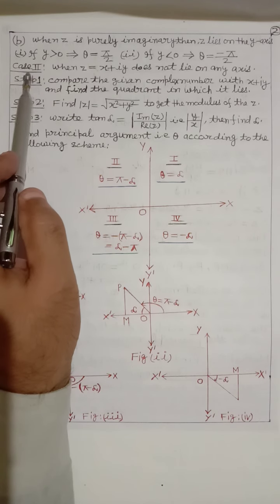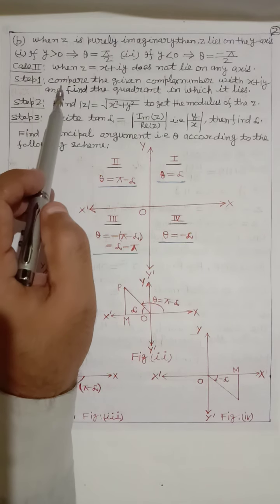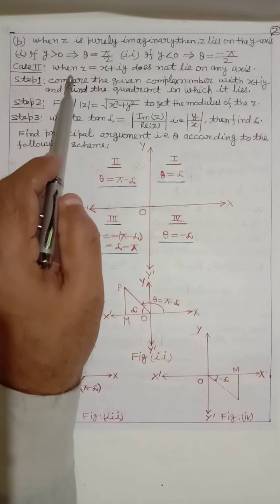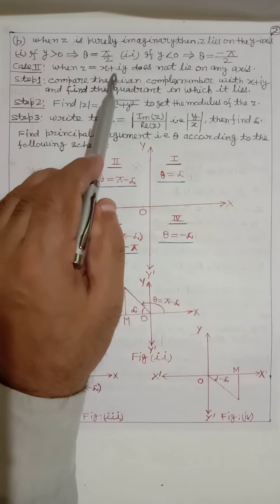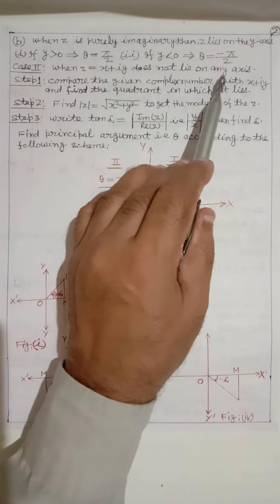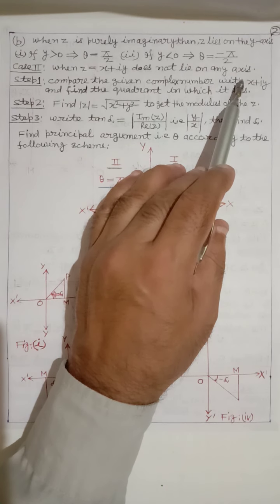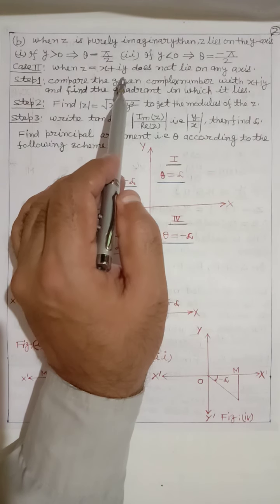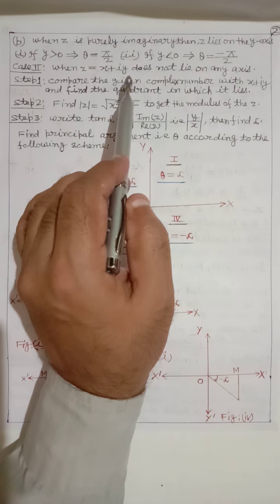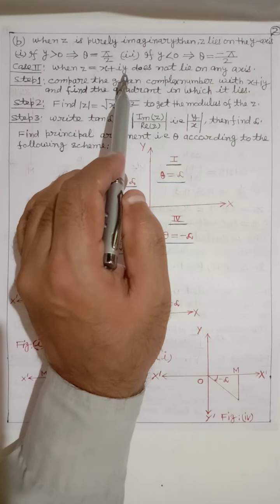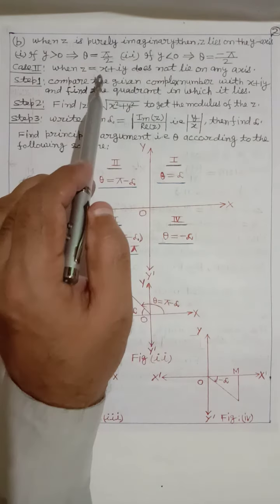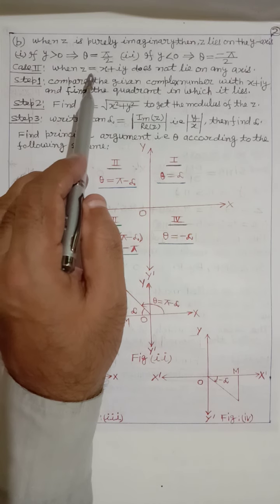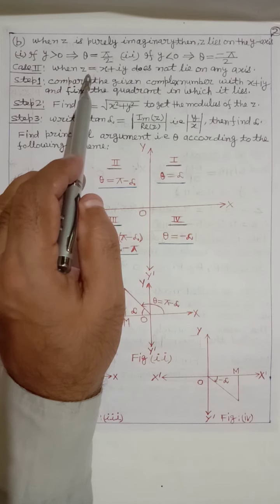Case second, when z equal to x plus iy does not lie on any axis, neither on the x-axis nor on the y-axis, meaning it lies in any one of the quadrants.